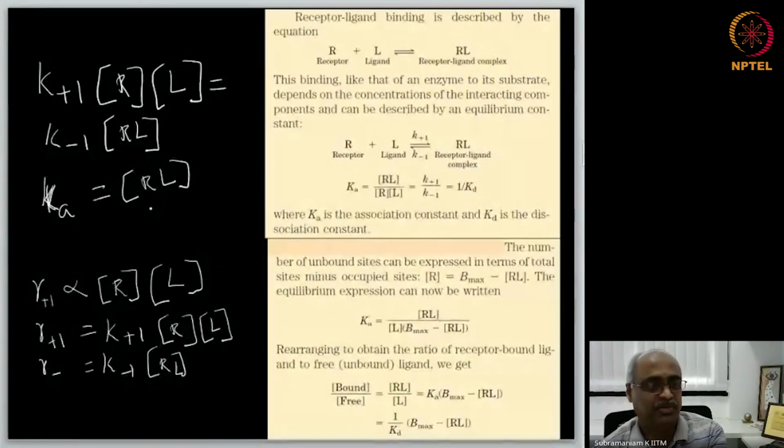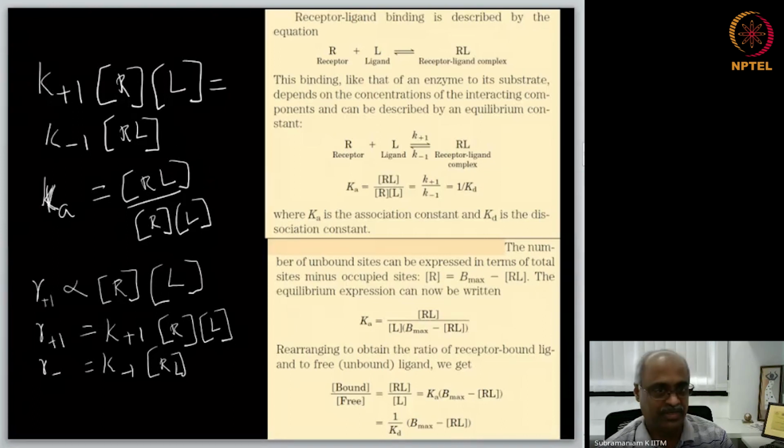I am skipping one step here. For the reverse, for the dissociation, the numerator will become the denominator and the denominator the numerator, because you will write it in the reverse way. And that is why it is 1 by Kd. So is this clear? Yes, sir, I got it. Thank you. Okay.